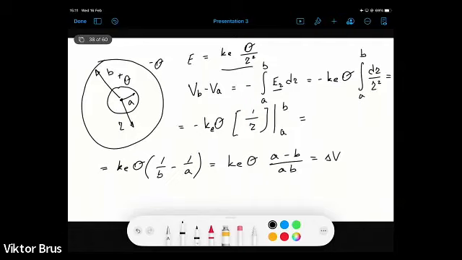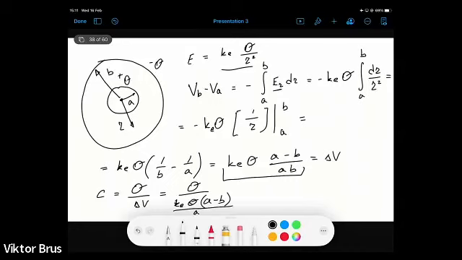So now we need to recall the general expression for capacitance, and that is actually C equals total charge divided by potential difference between electrodes. And if we now substitute for delta V this equation, KeQ (A minus B) divided by A times B, Q we cancel.